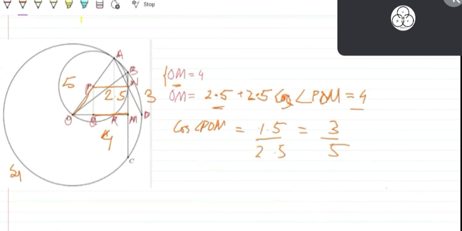Okay, what's happening? Just a minute. What is the length of OM?